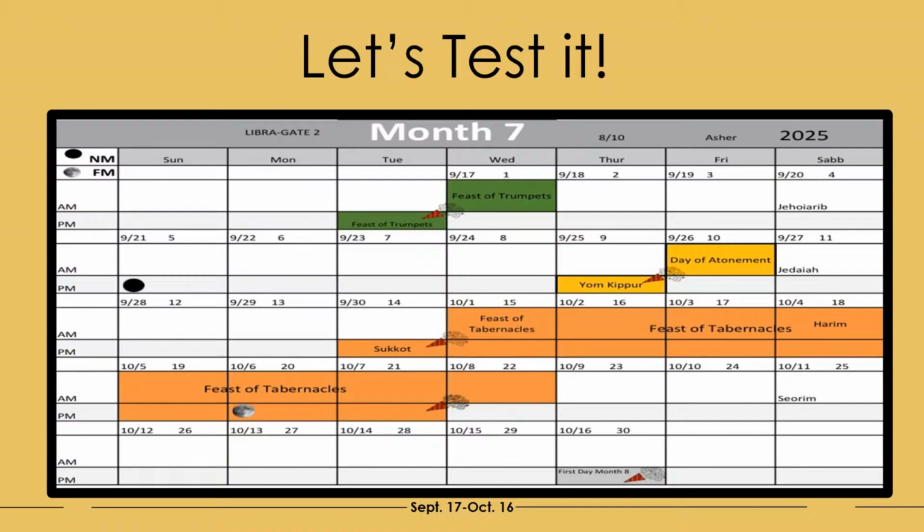So we are going to look at the 7th month. Since we're in the 7th month right now, we are going to look at the 7th month based on not intercalating for 2025 and why I did not intercalate for 2025. And we will also test those who did intercalate. So I want to give you guys everything you need all in one presentation here to be able to show others why you didn't intercalate if you're doing the same calendar that I am.